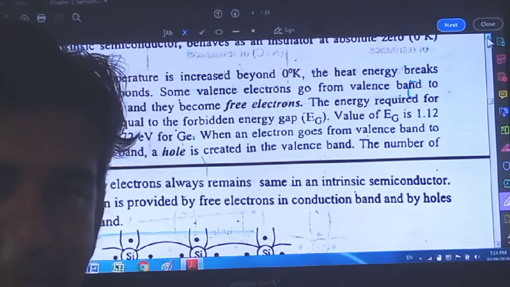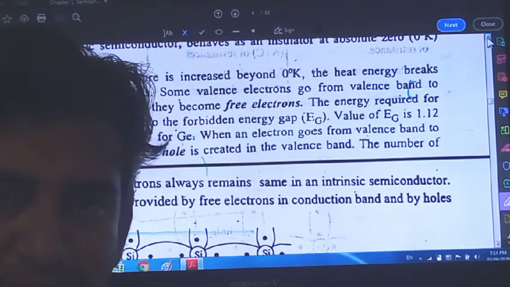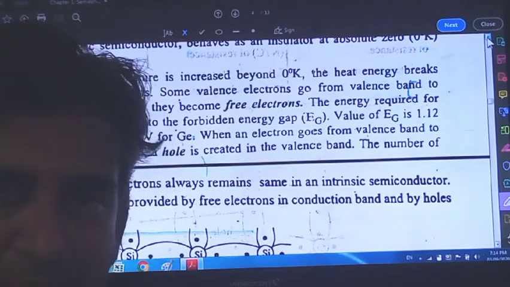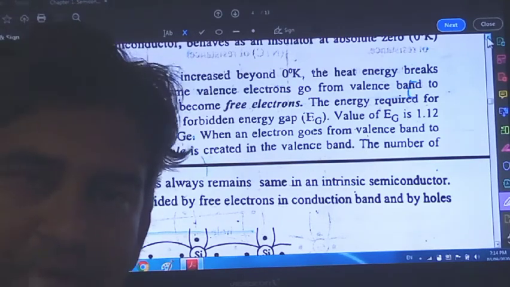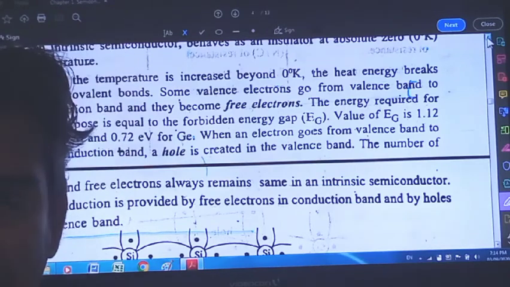As in the last class, there is the valence band and the conduction band. At a certain temperature, the bond breaks and electrons move from the valence band to the conduction band.